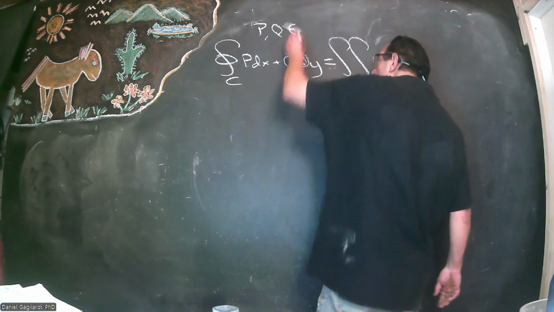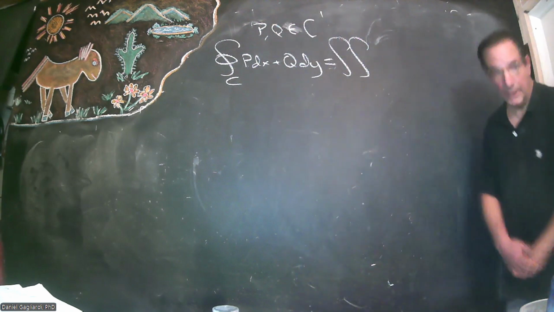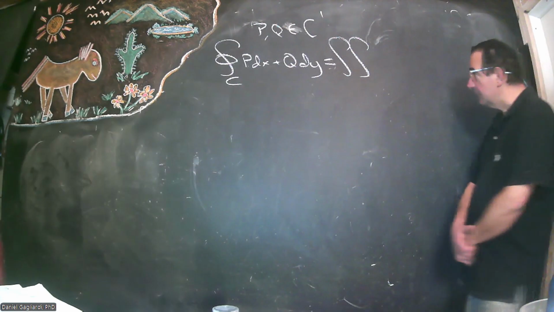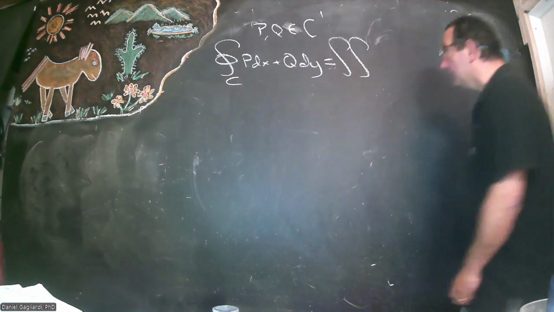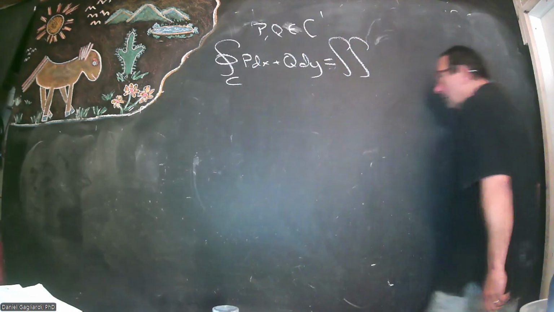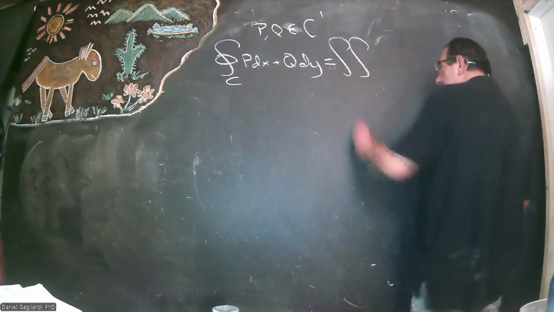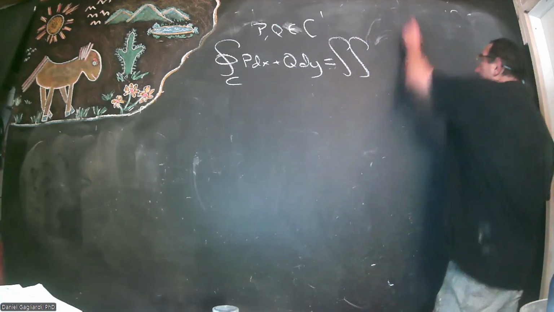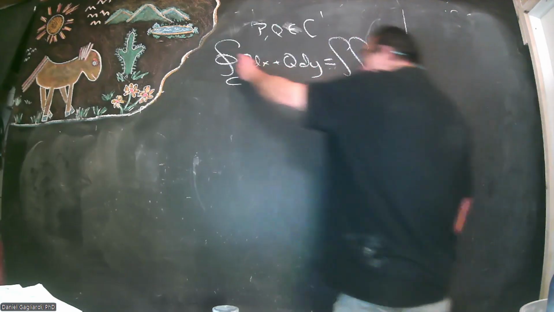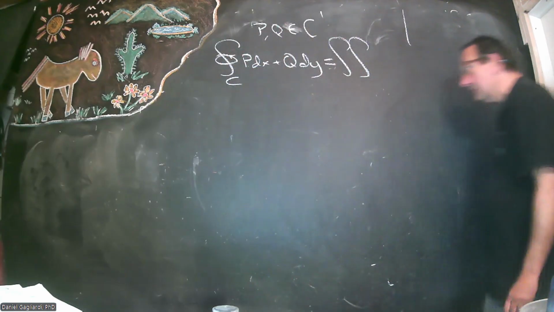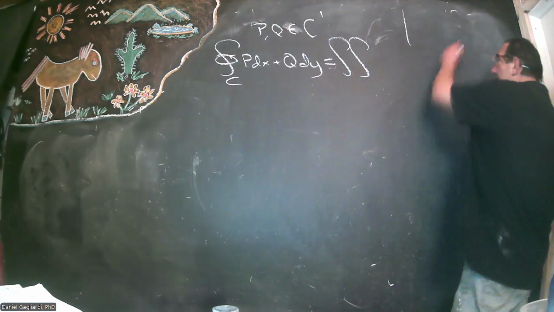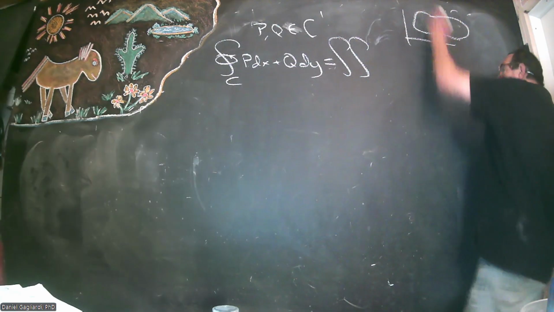So I'll say P and Q are elements of C1. C1 means continuous first order derivatives. So P and Q belong to that family. And C is a simple closed curve. You see this notation; we've talked about that.